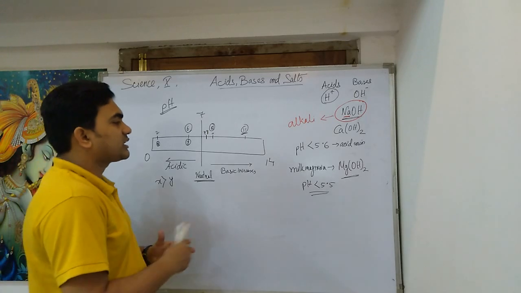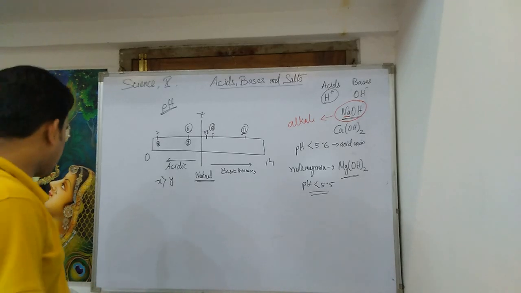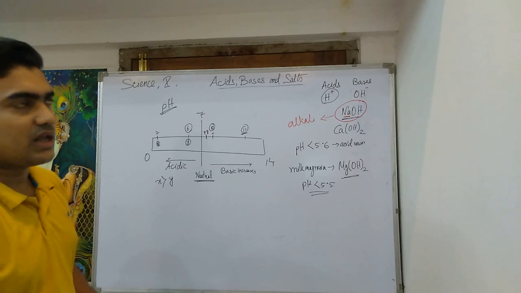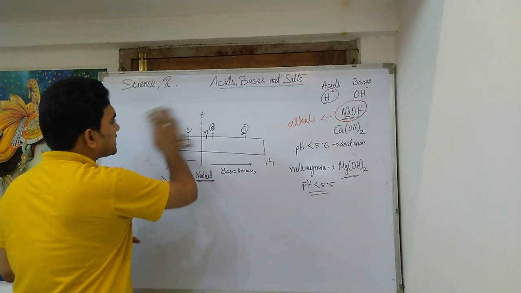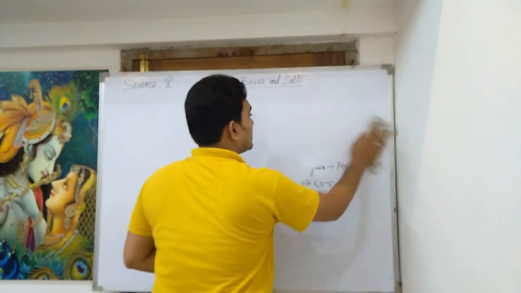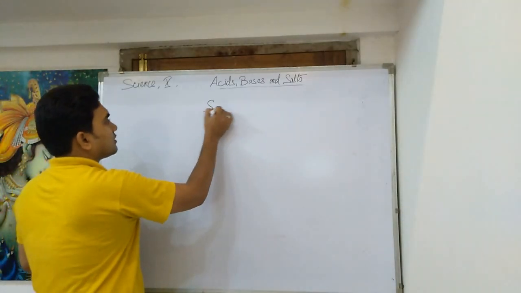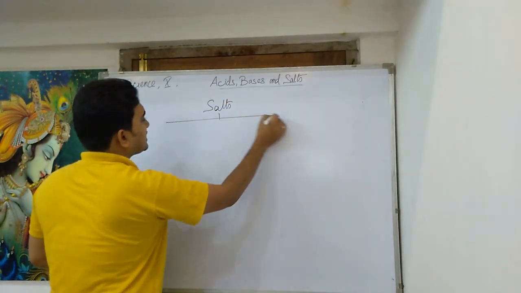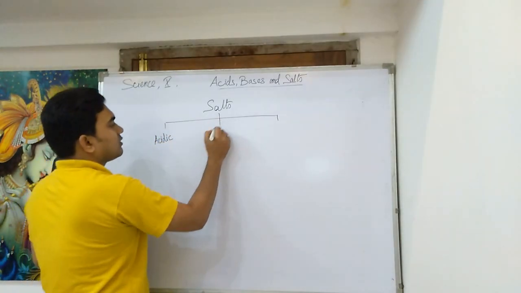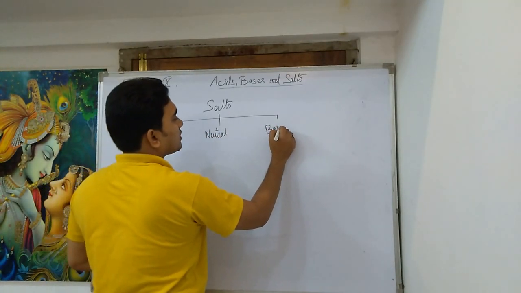Now moving on to the next part, we have salts. Salts are simply the products formed when acids and bases react together. Based on the strength of the acid and the base taken during the reaction, salts can be classified into three categories: acidic salt, neutral salt, and basic salt.